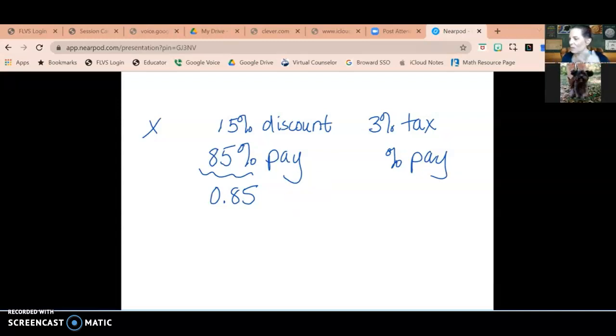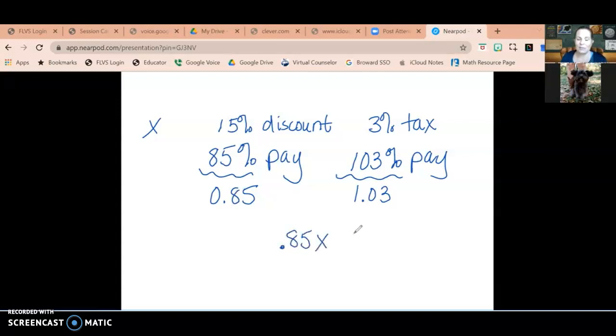So some of you are even going to that next step, right? So we're going to have to pay 103%. So now we need that as a decimal. Decimal would be 1.03.